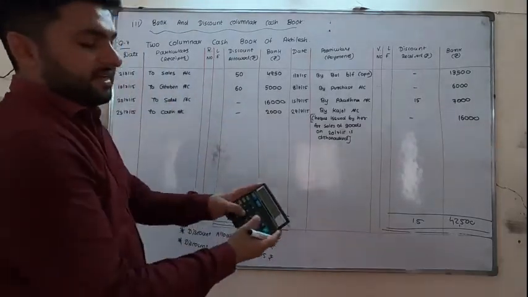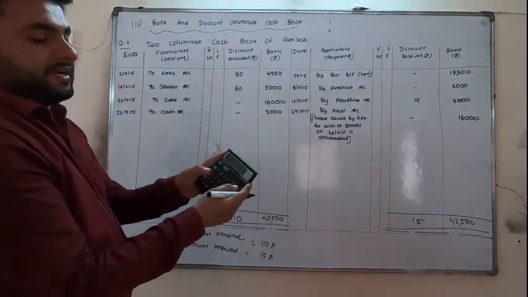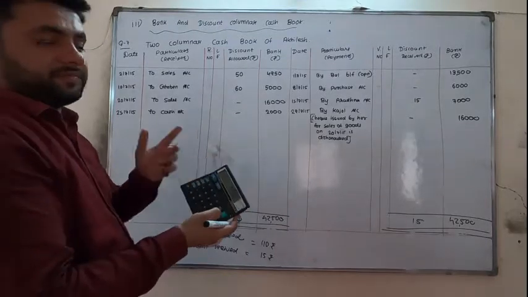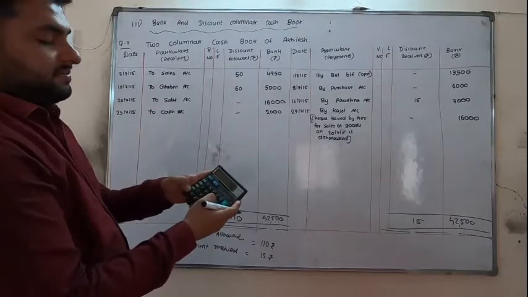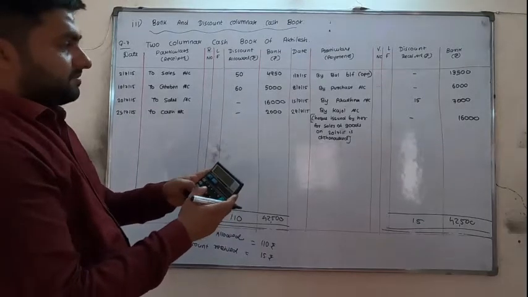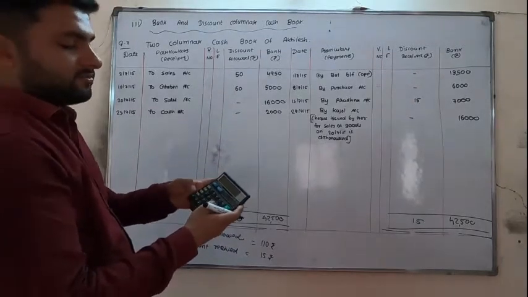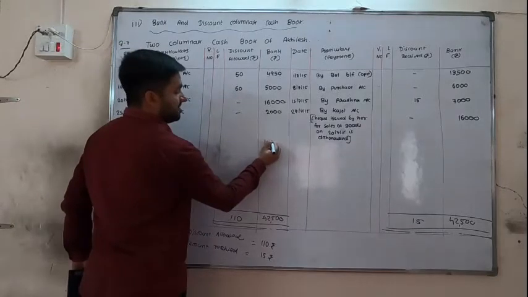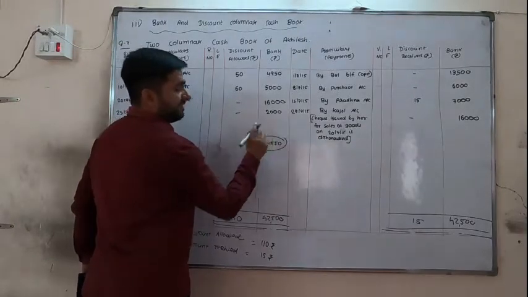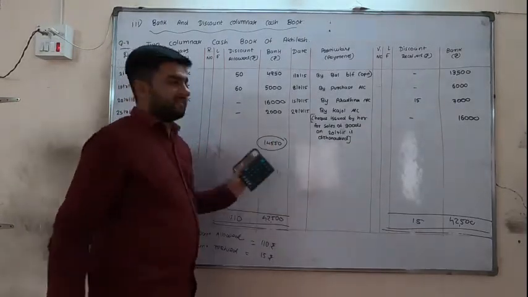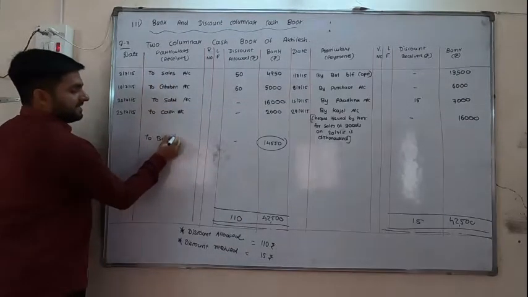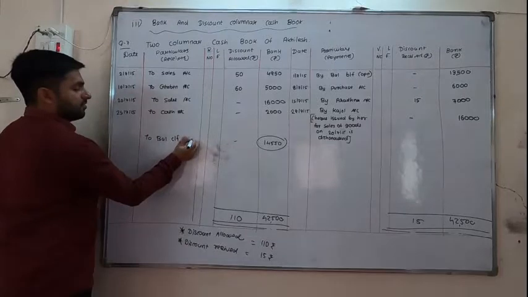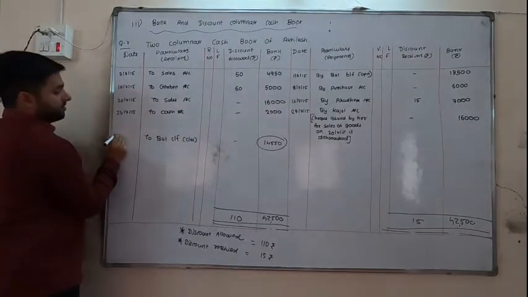Now again write 0 and 42,500 in the calculator. Rub all the things and write again 42,500. Minus 4,950. Minus 5,000. Minus 16,000. Minus 2,000. So again the closing balance is also an overdraft, because if it is coming here it is bank balance, if it is coming here it is overdraft. To balance carry forward its closing balance, and it will be overdraft on the last day, 31/7.